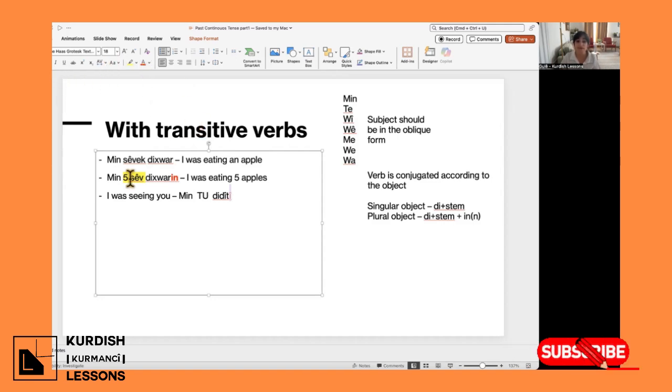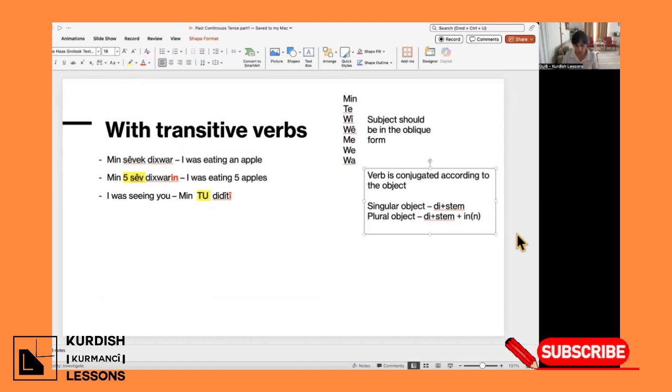Yes, here we have e because our object is to, and to it's e, like to bash e, to mamoste e, to hondekar e, like to the chi, right? So e. Okay, so it means to is the object, then you put the stem, and then it can be ye or e.